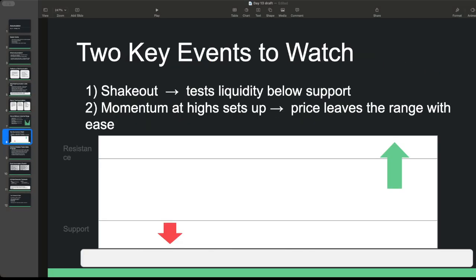So there are two key events to look out for. The first is the shakeout, right? Just as in distributions we have failed breakouts, in accumulations we have shakeouts or failed breakdowns. They're basically the same thing. Distributions and accumulations, you can think of them very similarly, just on the flip side, right? So a failed breakout, failed breakdown.